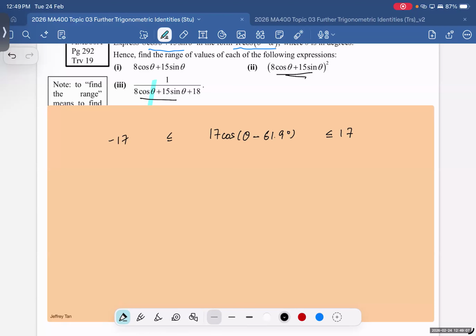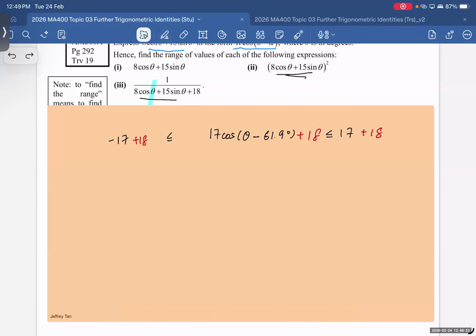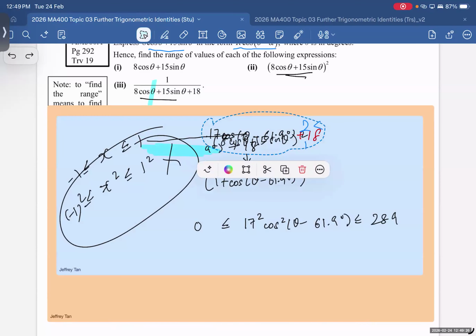Now, if I plus 18, this one is plus 18 also. So that means the entire value, if I just copy paste, is between 1 and 35.